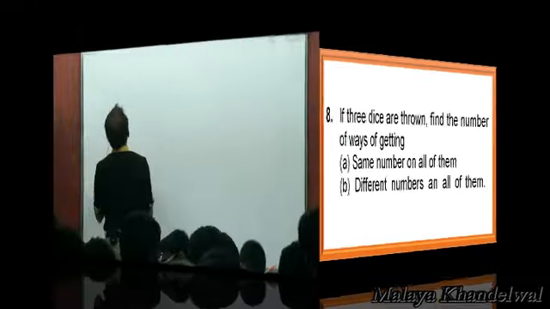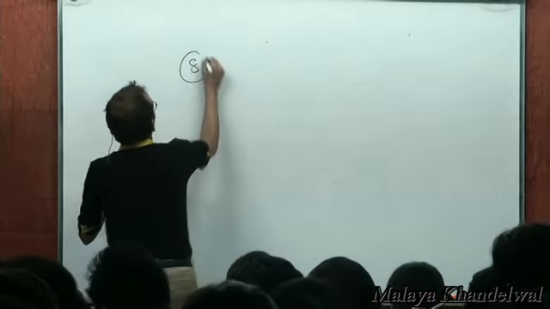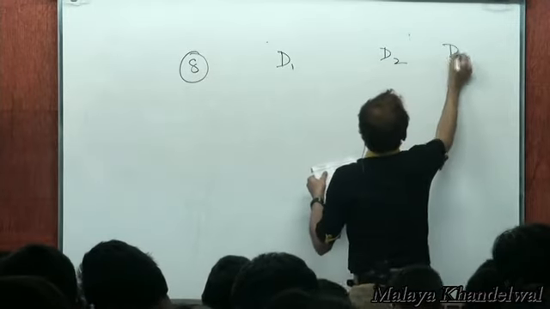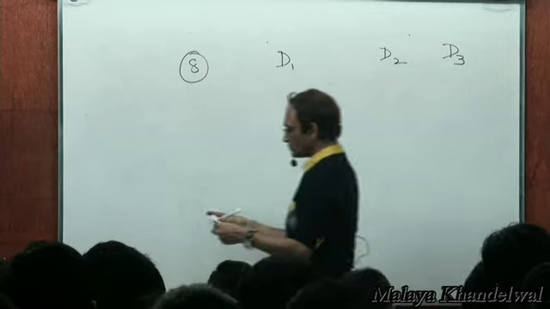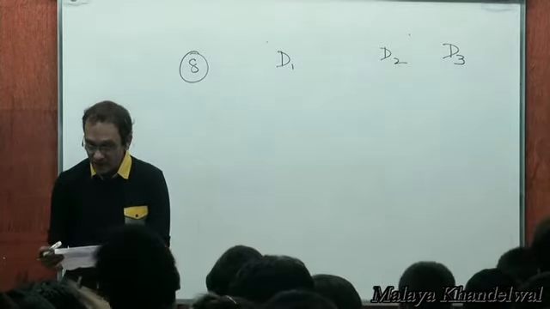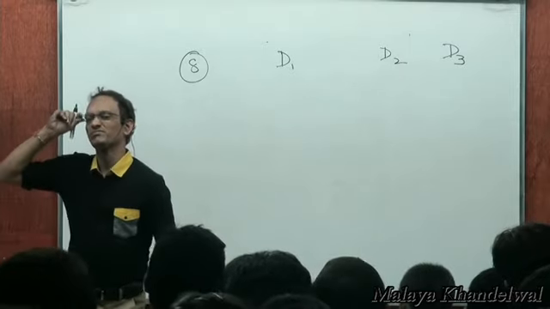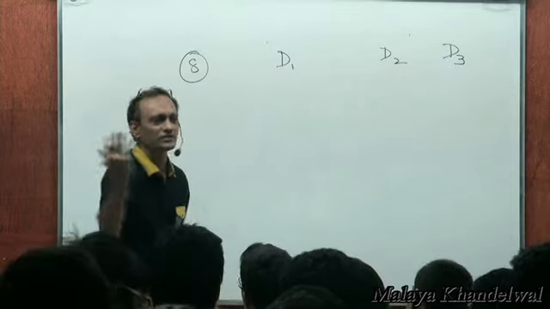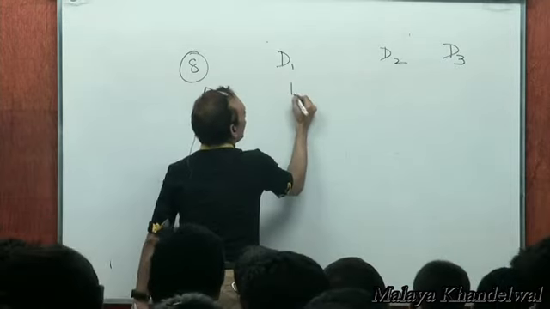If 3 dice, D1, D2, D3, are rolled, find the number of ways of getting the same number on all of them. Obviously, there are only 6 ways. You don't have to learn anything to answer this. I mean, all could be 1.